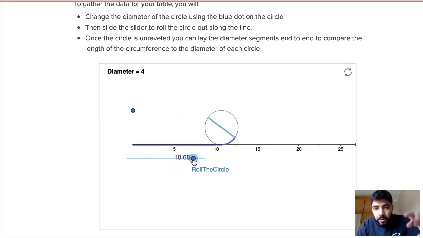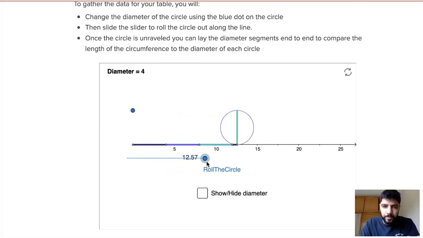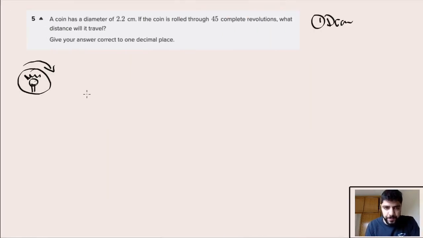And so if I roll it one complete revolution, the distance it traveled over here from the start to the end is equal to one whole circumference. Okay? So starting here, let's say I roll it all the way to here so that it's back upright again.